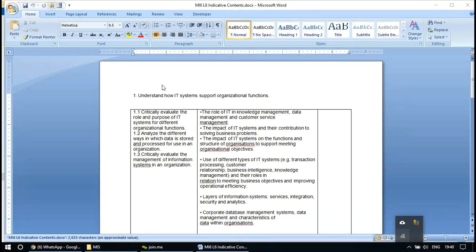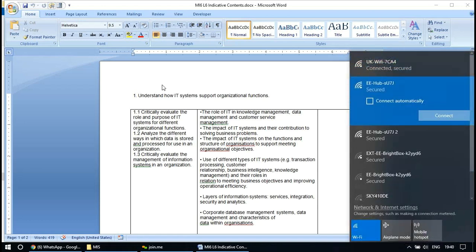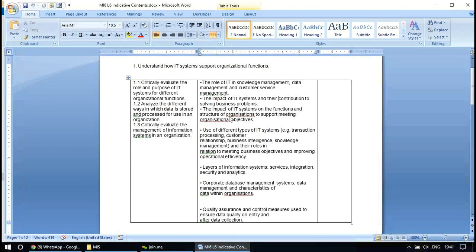So if we look at the indicative content for LO1 and LO2, LO1 was majorly based on the role of IT in organizations, or alternatively the role of information systems in organizations, isn't it?